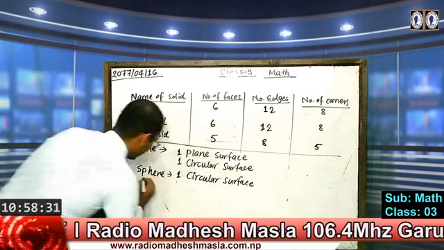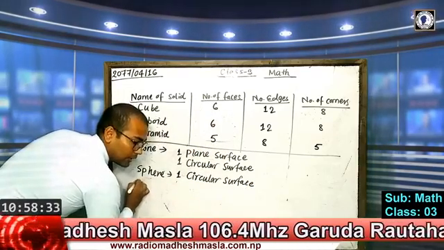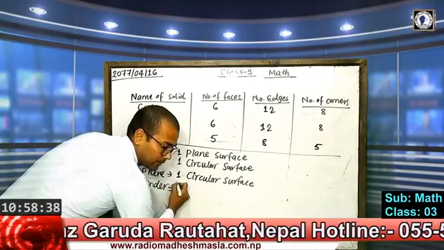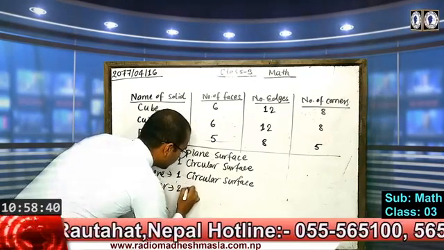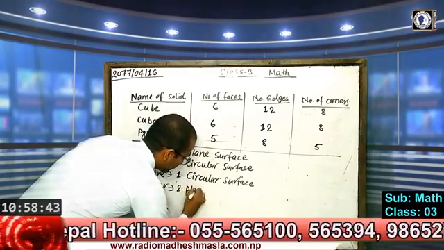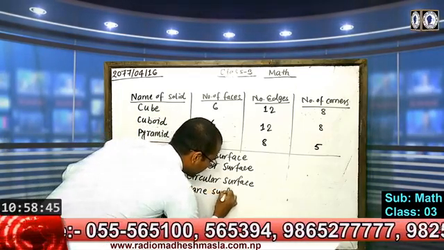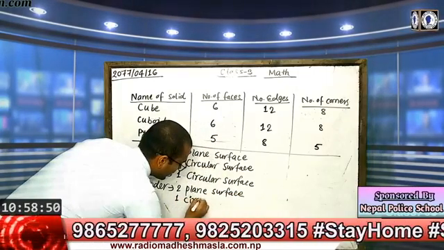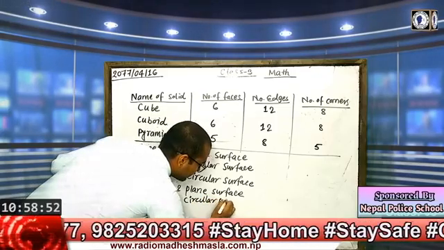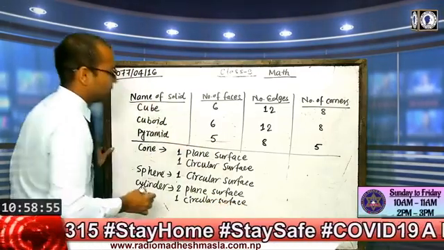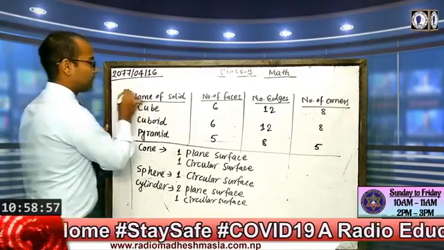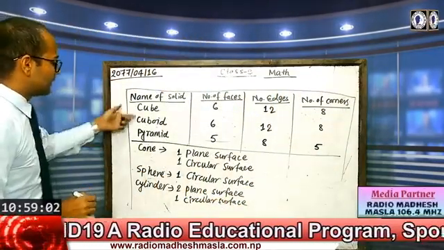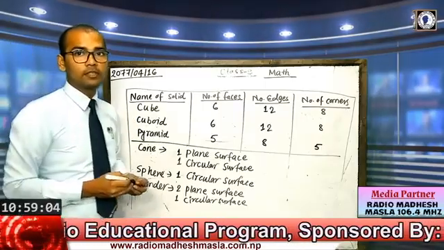In the same way, a cylinder. In a cylinder we can find 2 plane surfaces and one circular surface. So these are the numbers of faces, corners and edges of these given solid shapes.